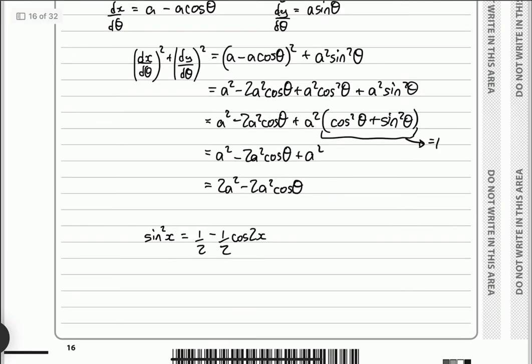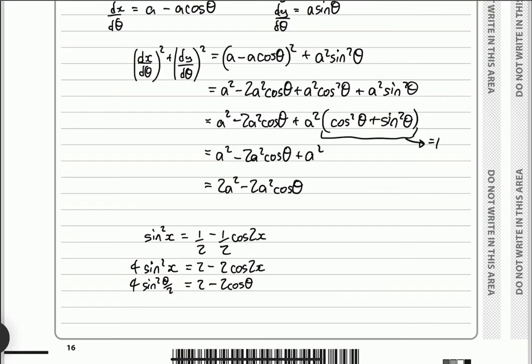So if I multiply everything by 4, 2 minus 2 cos 2x, and let x equal theta over 2, then this is 2 cos theta, and this will be sine squared theta over 2 with a 4 in front.